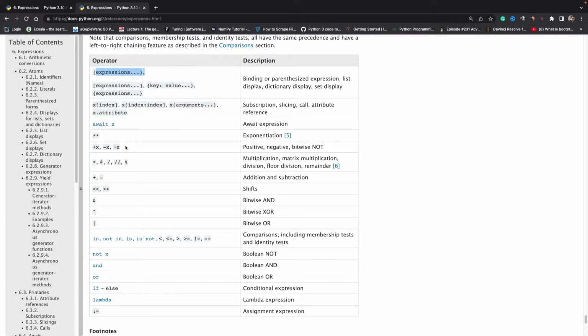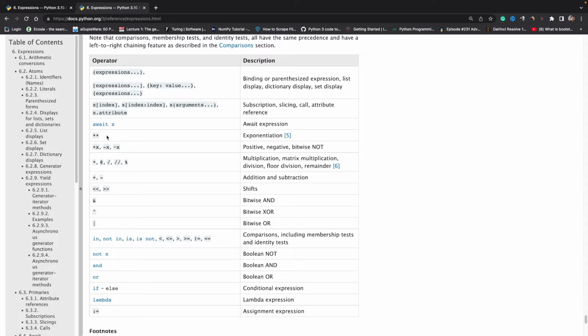As per this table, the exponentiation operator has a higher precedence than multiplication, modulo, divide operators, and then addition and subtraction operators, because exponentiation is ranked higher in this table.